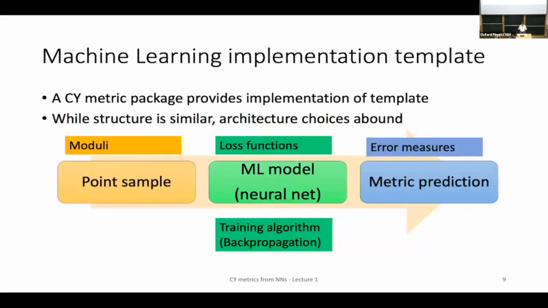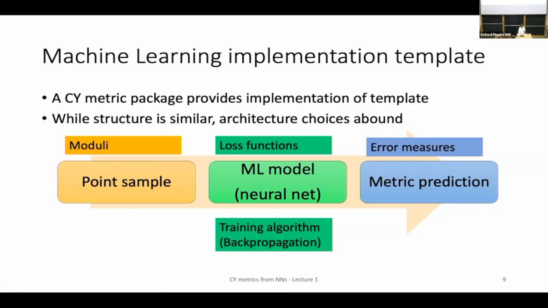So this is what a Calabi-Yau metric package should do. It should implement this template, and it should do so in a way that gives this metric prediction. But the exact way of how you actually do this green part differs a bit between the different packages.